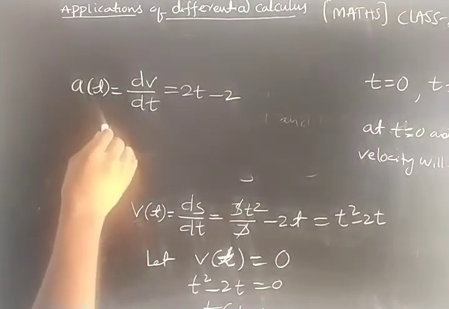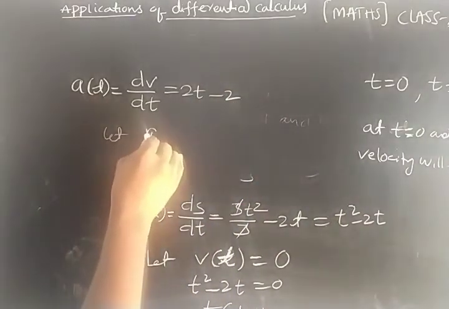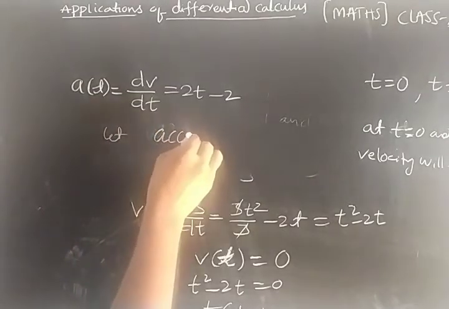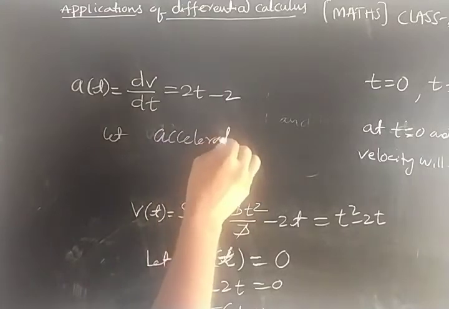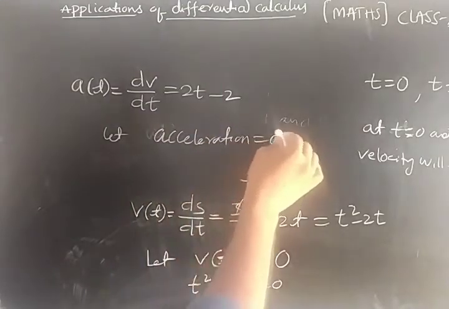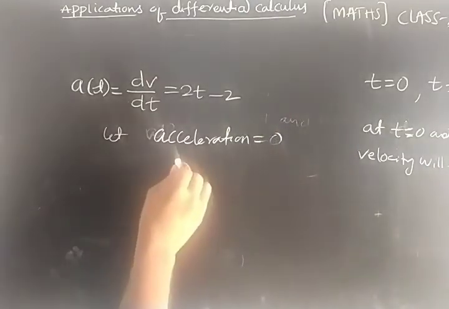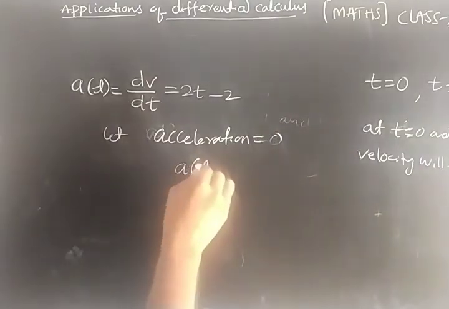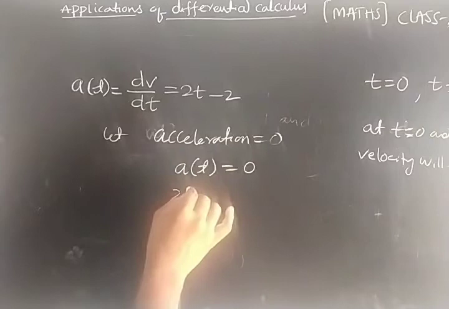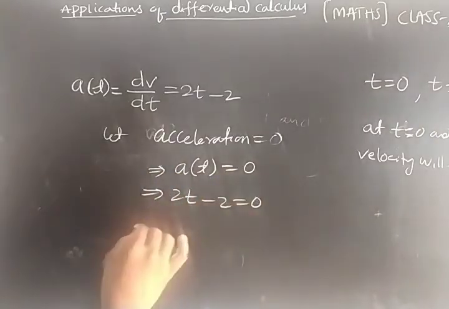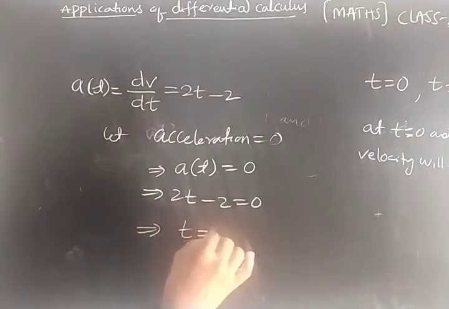Now I am taking a of t as 0. Acceleration is equal to 0. What is the acceleration function? a of t equals 2t minus 2. Setting 2t minus 2 equals 0, so t equal to 1.